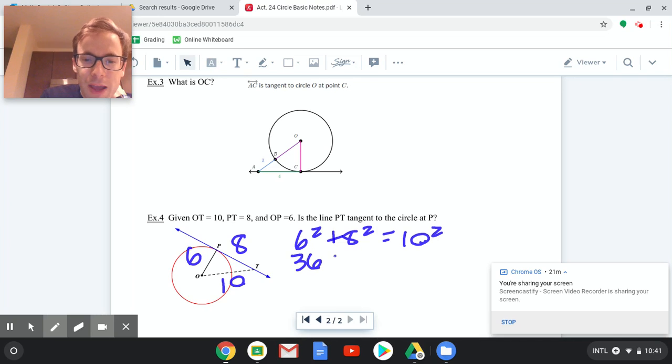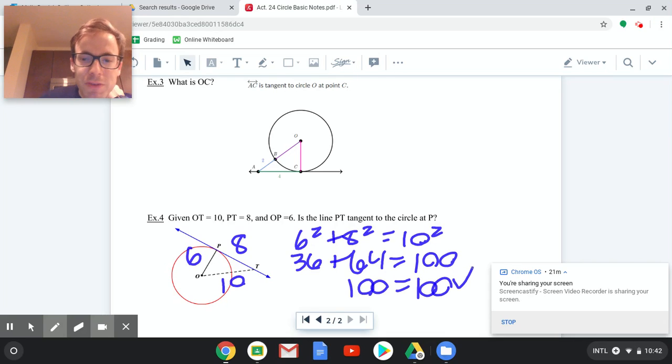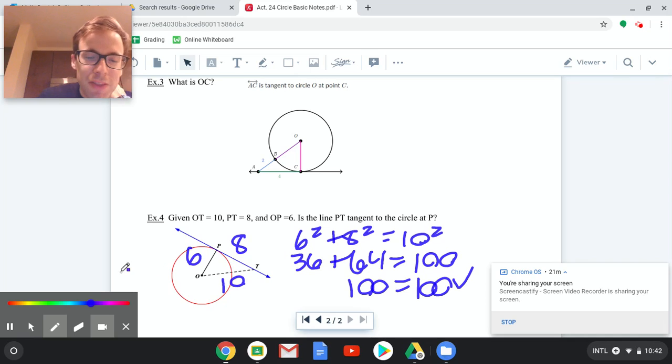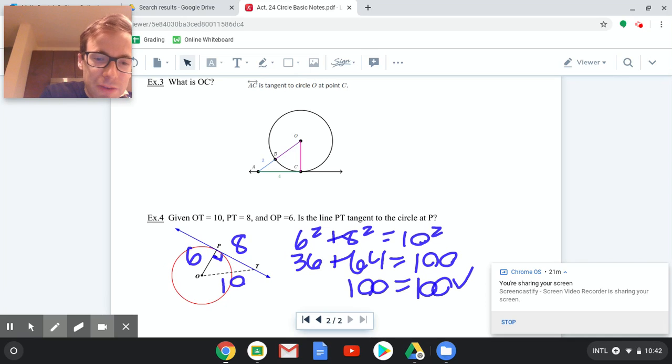So if we do this math, we see 100 does equal 100. Therefore, that triangle is a right triangle. Therefore, angle P is a right angle. Thus, line PT is tangent to this circle at point P.